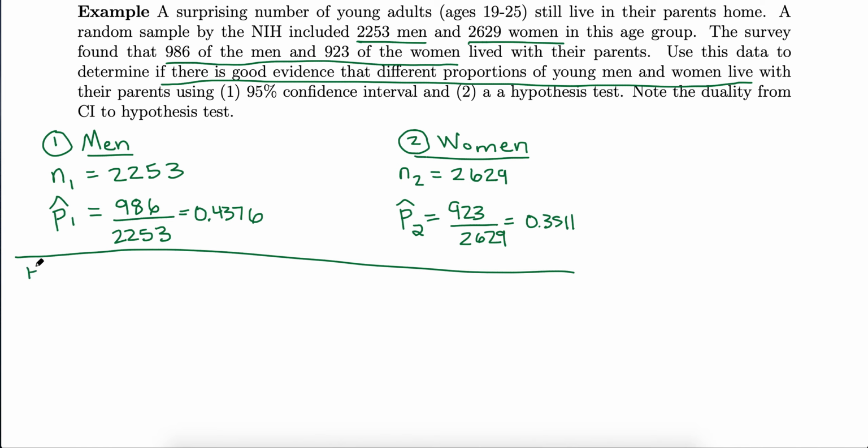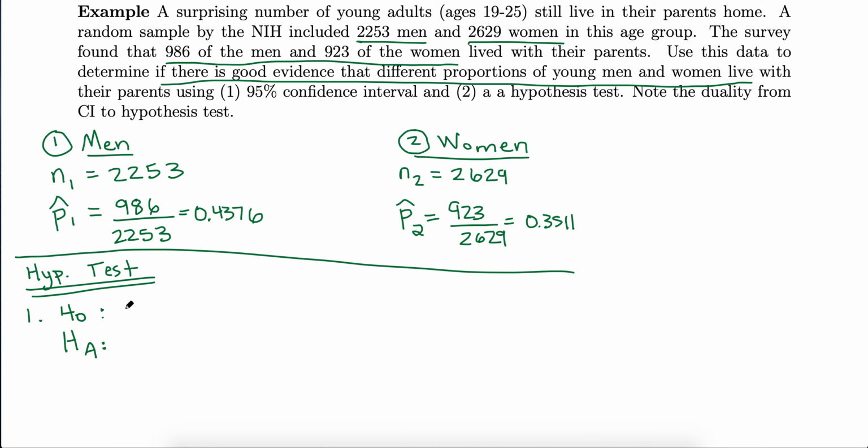So our hypothesis test, remember we've got 5 steps we need to work through here. Our first step is stating our hypotheses. If you need to go back and review, check out the previous video for laying the foundations or framework for a 2-proportion hypothesis test. So first step, state our hypotheses. We've got H0 and HA.